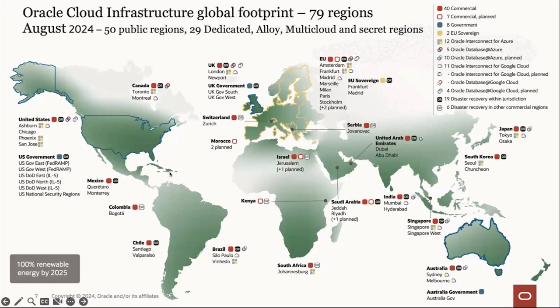So you can see the breakdown of the regions that we have as of August this year. You can see the different government ones that we have. You can also see the legend right here: the Oracle Interconnect for Azure, the Oracle Database at Azure, the Interconnect for Google Cloud, the Oracle Database at Google Cloud. You can also see how many are planned.